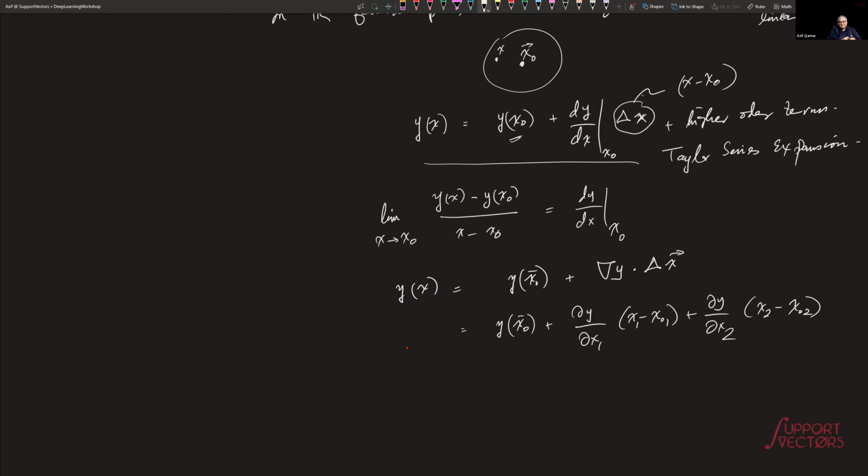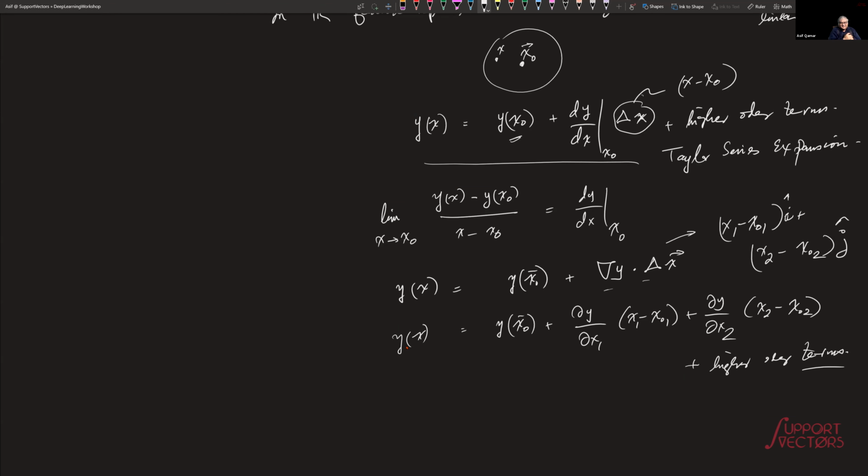In terms of basis vectors, you would write it like this with i and j. So you're just taking the dot product with the derivatives. This is the basic expansion plus higher order terms.